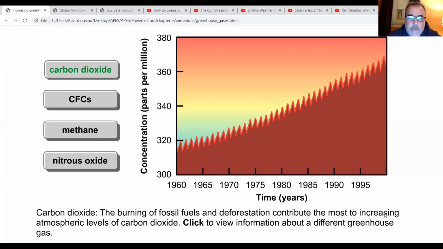So for that reason, we have this where it goes up and down. It will go up in the wintertime in the northern hemisphere, and then go down in the summertime as the plants take carbon dioxide out, and then up. But again, you'll see the overall trend is up because we are burning, of course, 365 days a year.